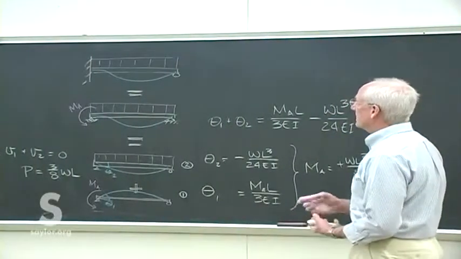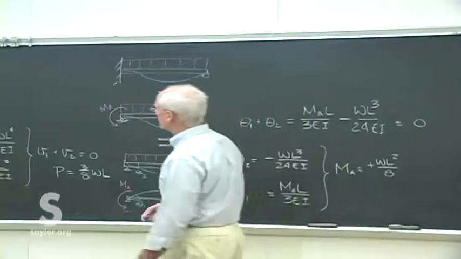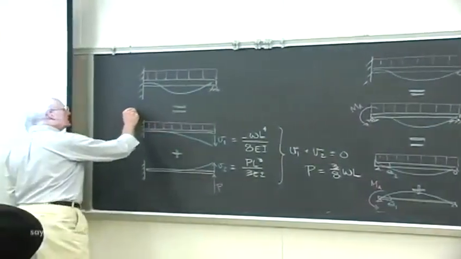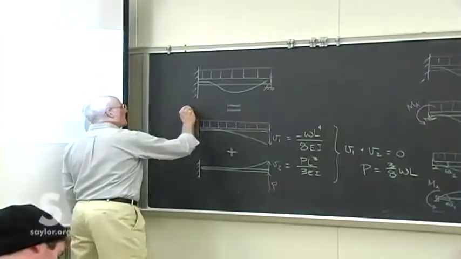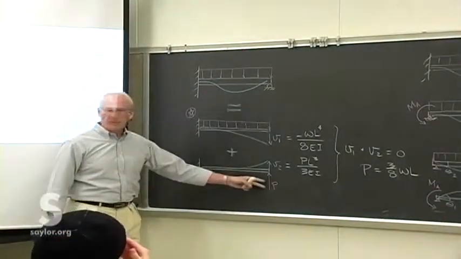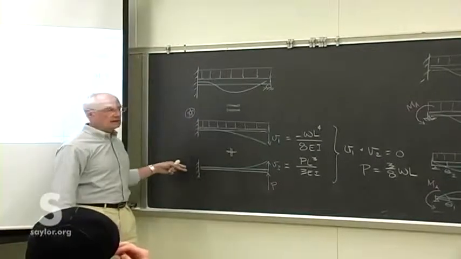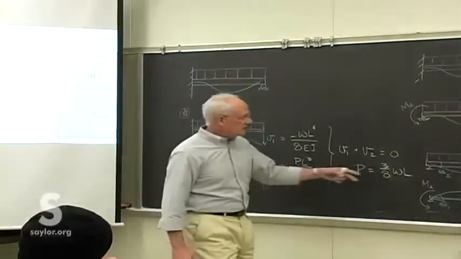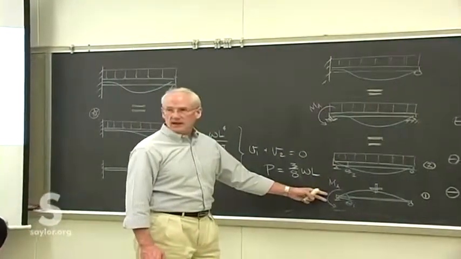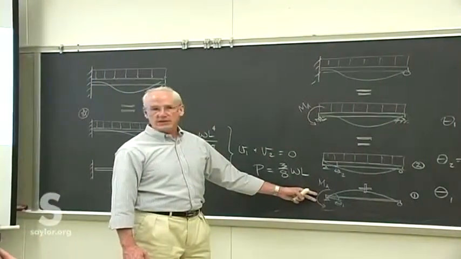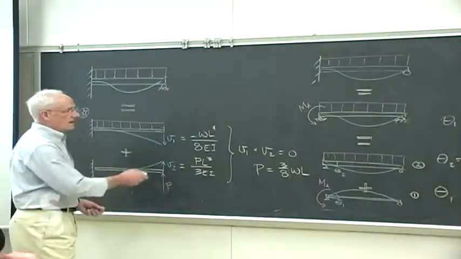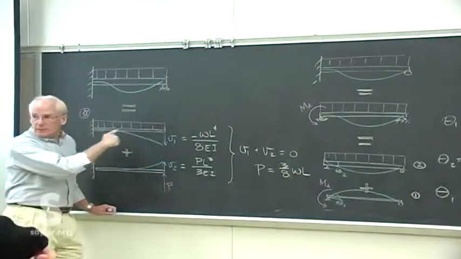Now, the question might be, we use two different models here. We use this model first, where we have the uniform load with a point load back up on a cantilever beam. Then we use this model, a simply supported uniform load, and a simply supported beam with a moment. We use those for two separate purposes.